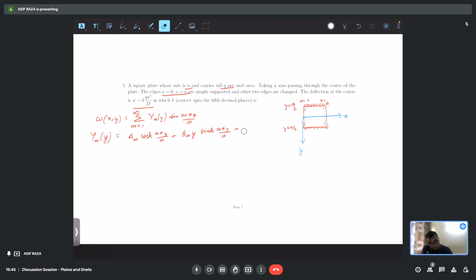For UDL we have 4q a to the power 4 by D pi to the power 5 m pi.